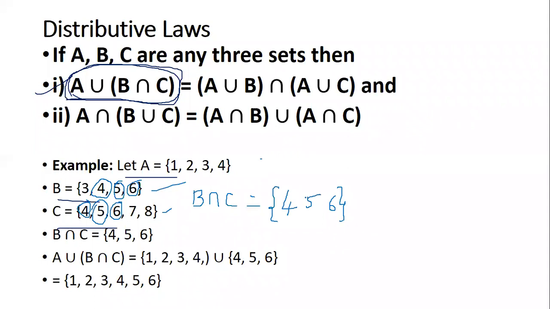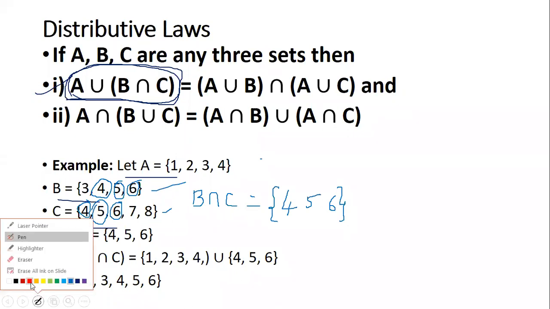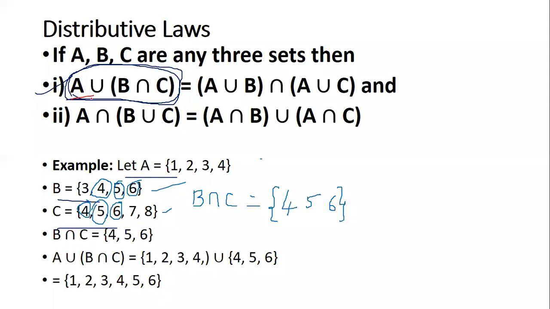Now, everybody understood until here? First, we are supposed to find B intersection C. Okay. Now, let us complete this. We have A and we also have set A here.